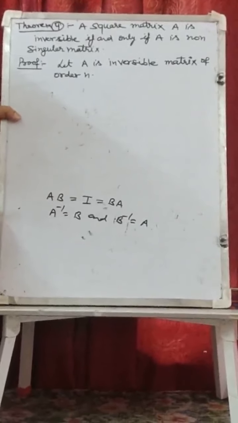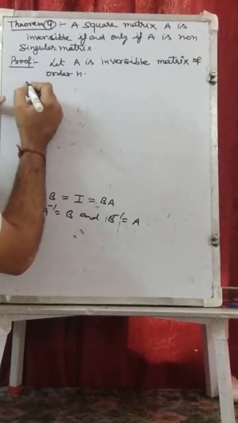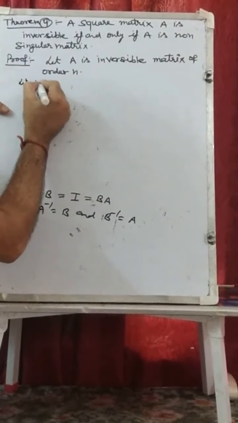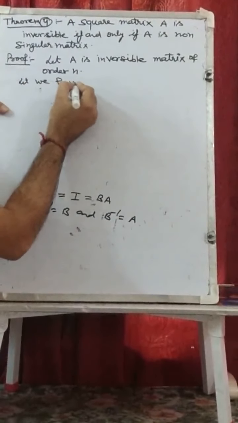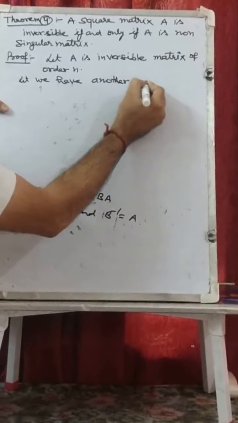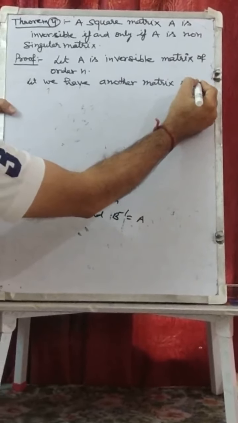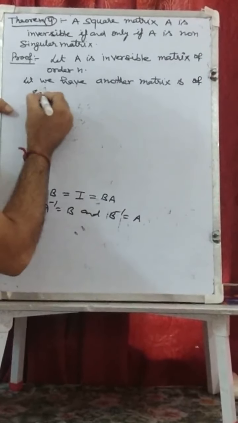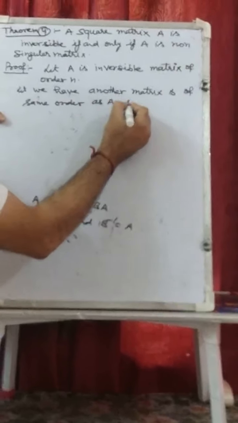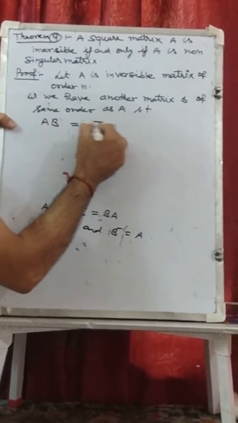Then let we have another matrix B of same order as A such that AB is equal to I.